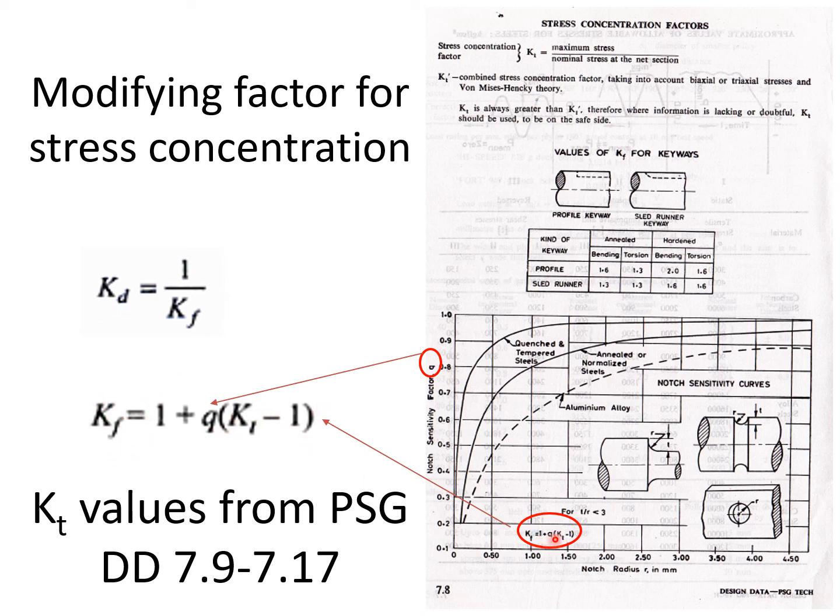This is available in PSG design data book page 7.8. The q value is called the notch sensitivity factor, which we can get from this graph if it is not given in the problem, and the Kt value we can find from pages 7.9 to 7.17. By substituting all these factors, we can estimate the endurance limit.